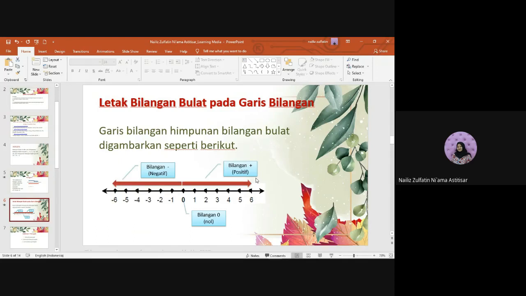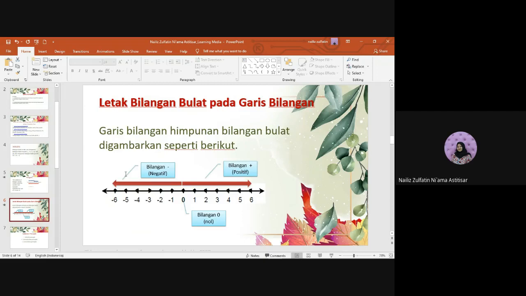Place the integers on the number line. The number line for the set of integers: 0 is the middle between positive and negative. And then the positive number line is toward the right, while the negative number line is toward the left.